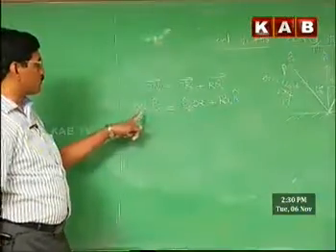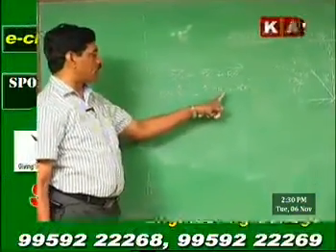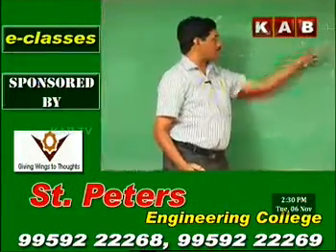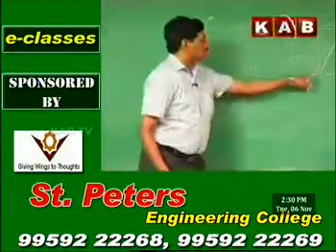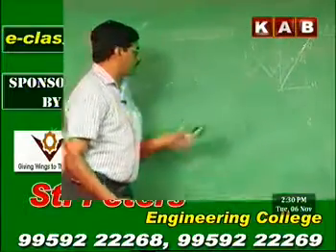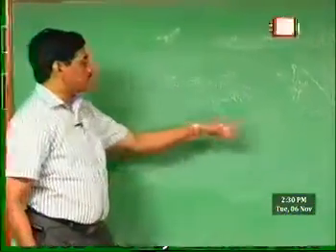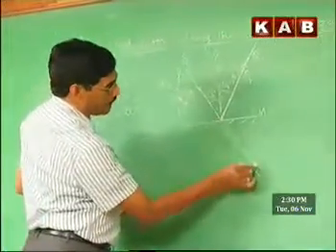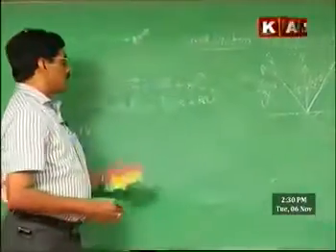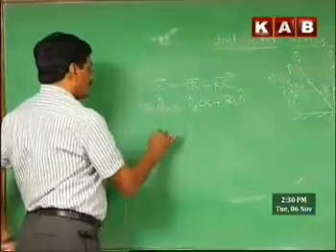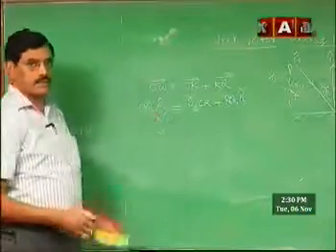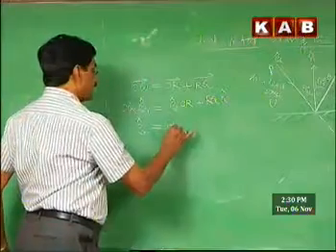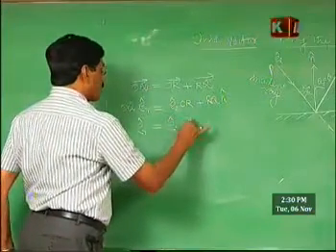So OQ ER is equal to EI OR plus RQ N, where N is the unit vector in the direction of the normal, ER is the unit vector in the reflected ray direction, and EI is the unit vector in the direction of the incident ray vector. From this, what we require is ER, the unit vector in the reflected ray, which is equal to EI OR by OQ.